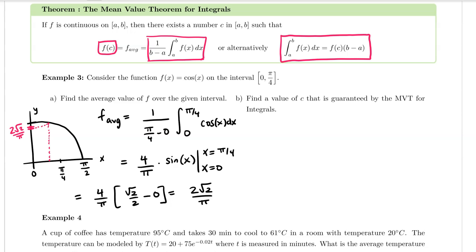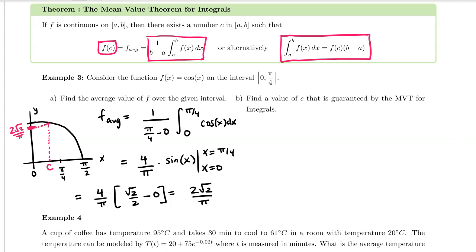I drew it a little high. And so part B says find a value c that is guaranteed by the mean value theorem for integrals. So we're trying to find this x value here. We might call it c or question mark or x, whatever you want to think about it as. So maybe I'll put c here.